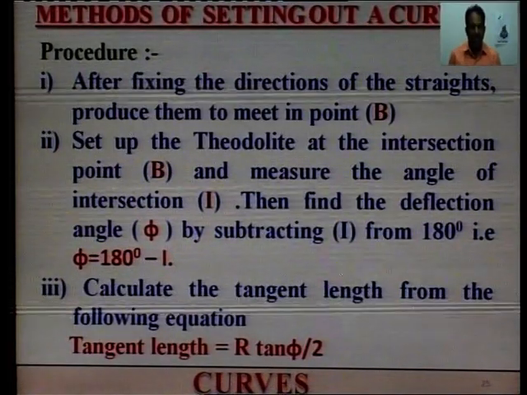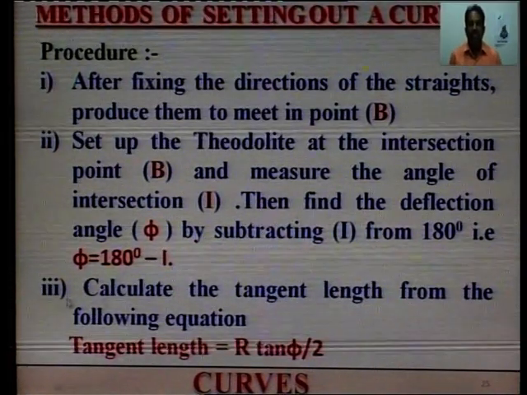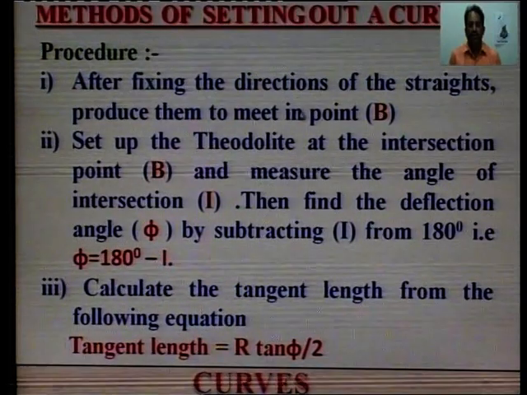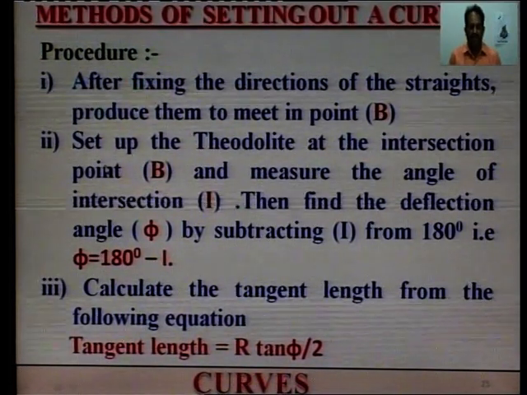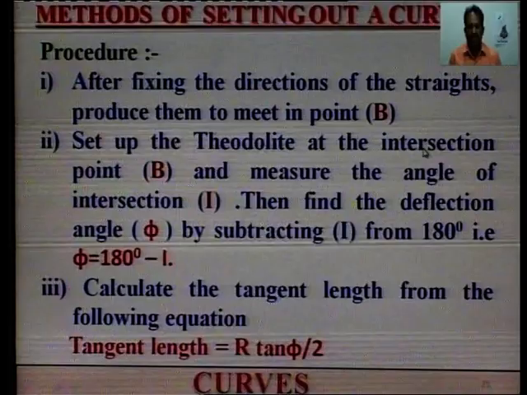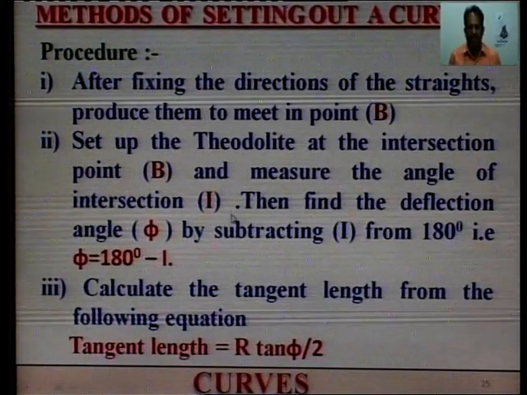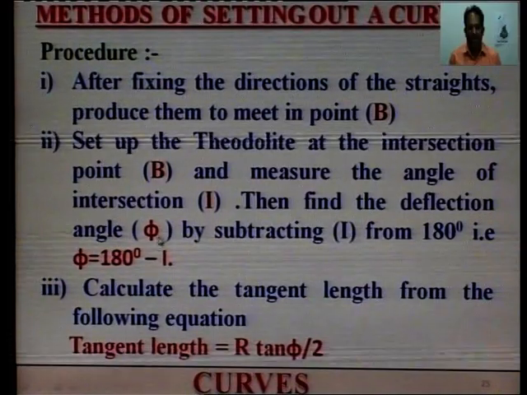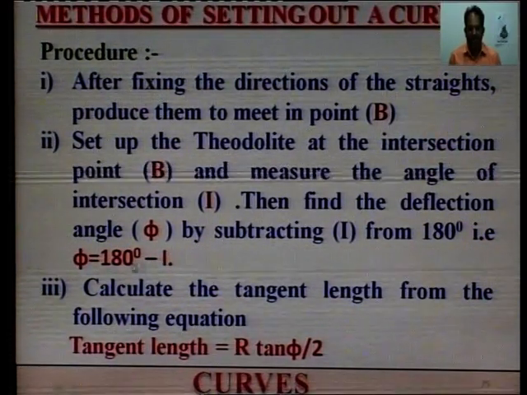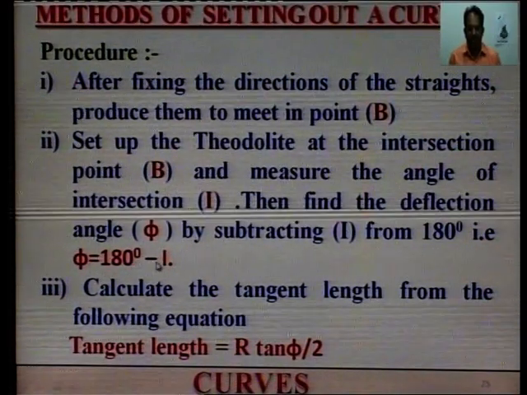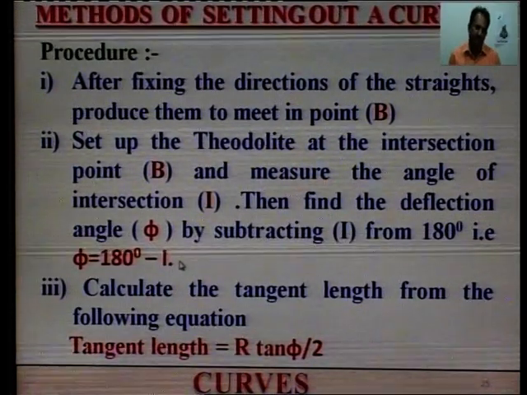What is the procedure? After fixing the direction of the straights, produce them to meet at point B. Set the theodolite at the intersection point B and measure the angle of intersection. Then find the deflection angle phi by the relation phi is equal to 180 degrees minus I, where I is the intersection angle.